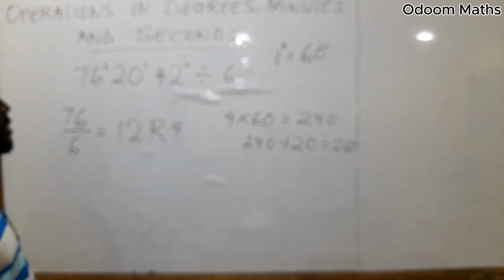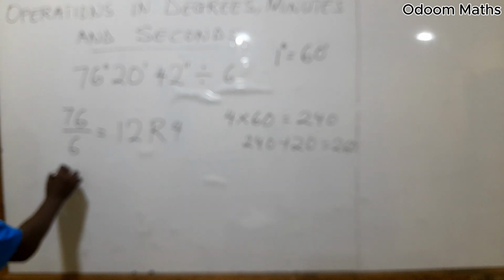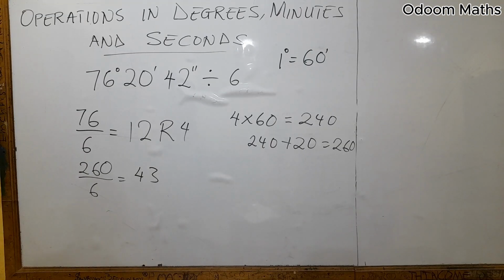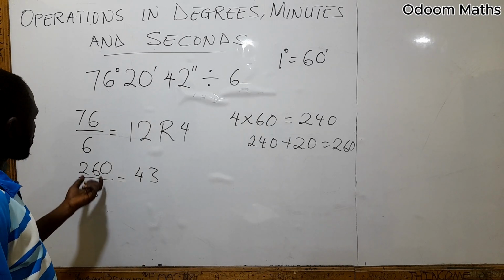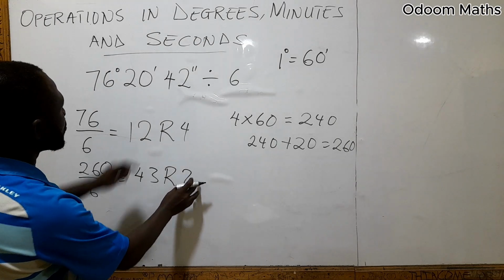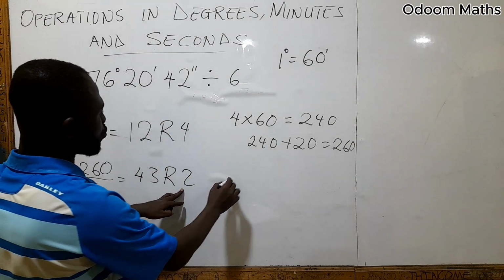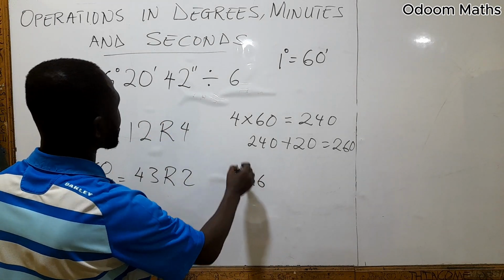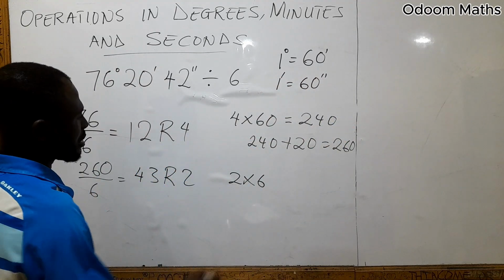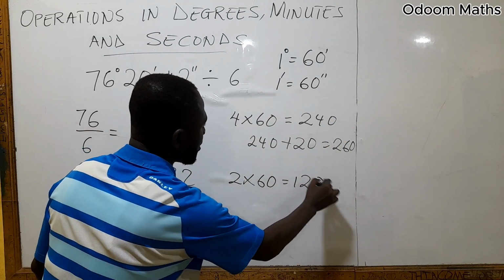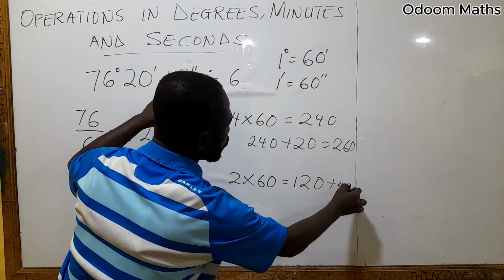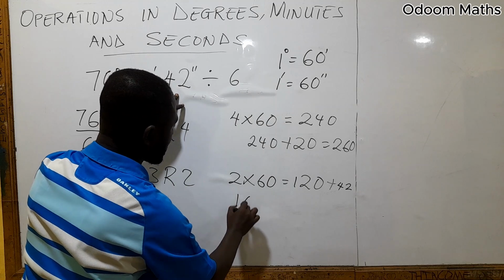Now we divide by 6. 260 over 6 is 43, remainder 2. Now we take this 2 and move it to the side, so we multiply this 2 by 60, because 1 minute makes 60 seconds. This is 120 plus 42, so we have 162.